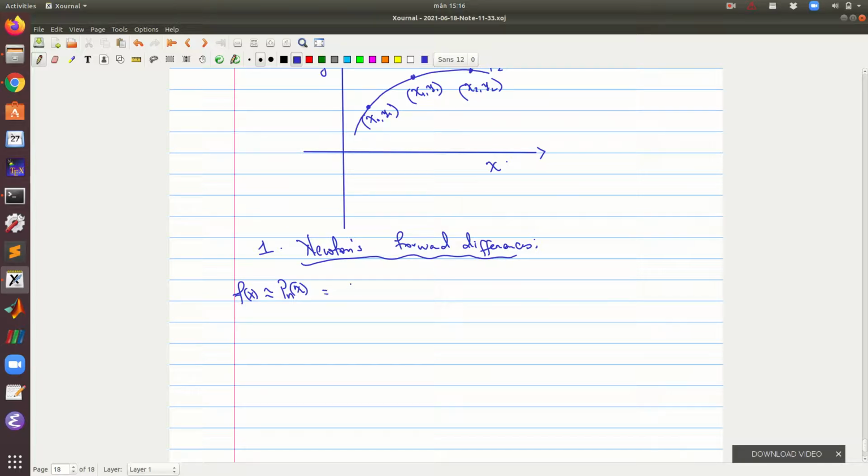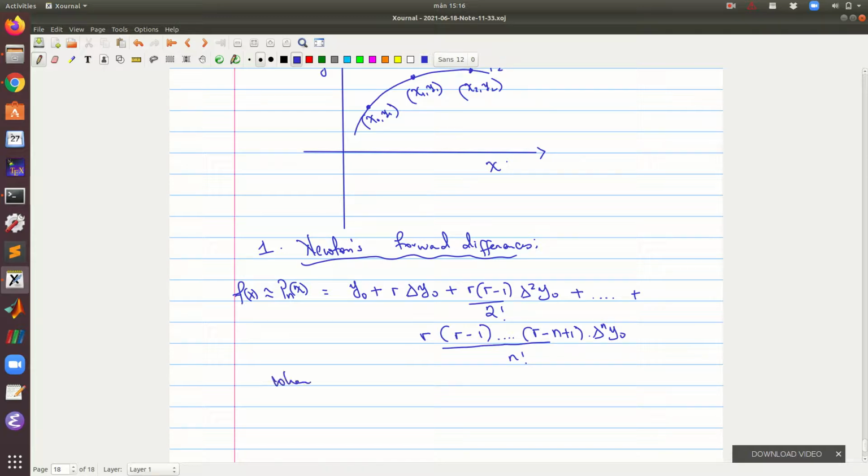We are going to write it as y0 plus r times the first forward difference evaluated at x0, plus r into r minus 1 over 2 factorial, the second forward difference evaluated at x0, and so on, up to the last term r into r minus 1 times r minus 2, and so on, up to r minus n plus 1 times the nth forward difference, divided by n factorial.